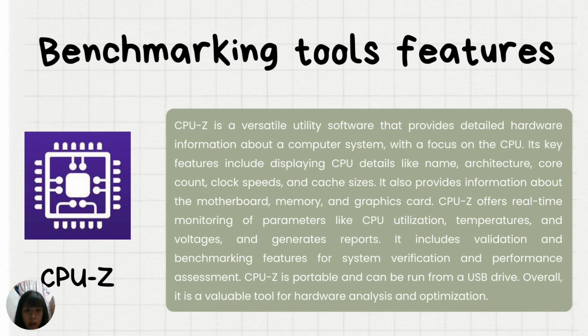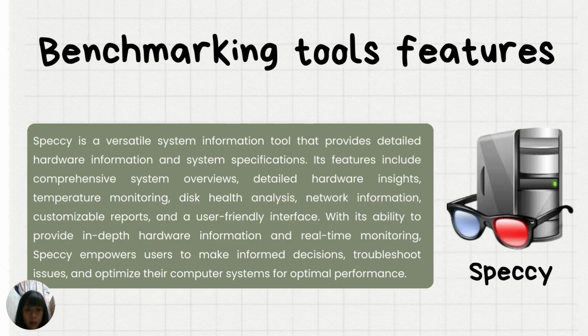CPU-Z offers real-time monitoring of parameters like CPU utilization, temperatures, and voltage, and generates reports. It also includes validation and benchmarking features for system verification and performance assessment. CPU-Z is portable and can be run from a USB drive. Overall, it is a valuable tool for hardware analysis and optimization.